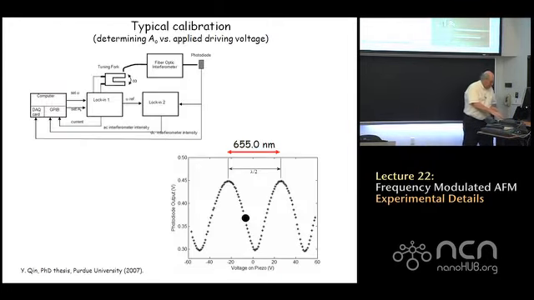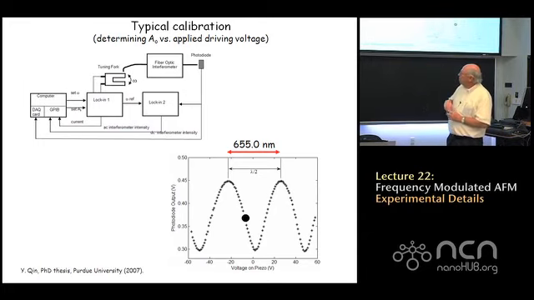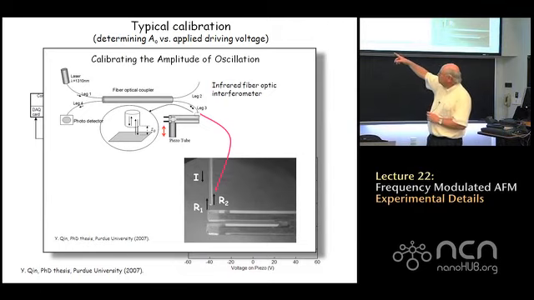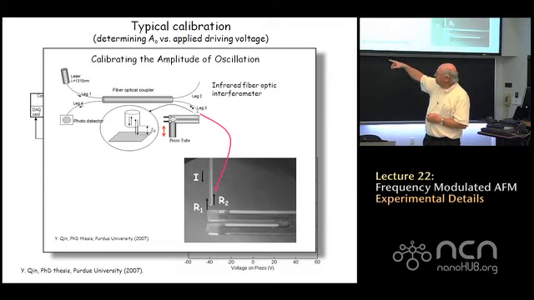The implementation is pretty straightforward, and what you find is that if you mount your tuning fork on a little piezo tube as indicated, then by applying voltage to the piezo tube, you can systematically move the tuning fork up and down with respect to the fixed position of the fiber optic end.